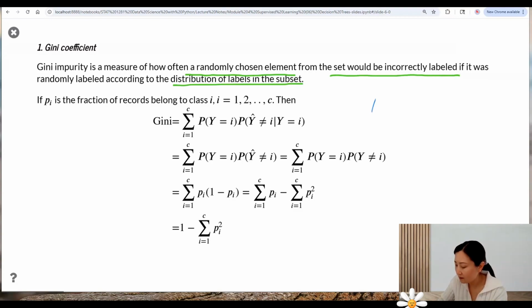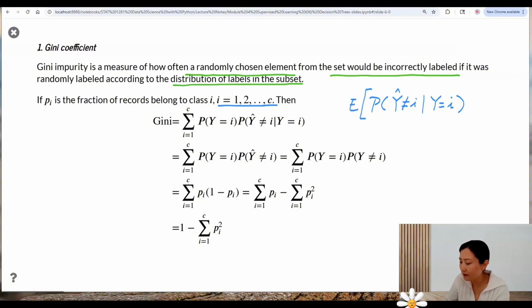In general, let's denote this as: Y hat is not equal to i given Y is equal to i. So this is the probability of Y being incorrectly assigned to a class. i can be from 1 to C; we have C classes.